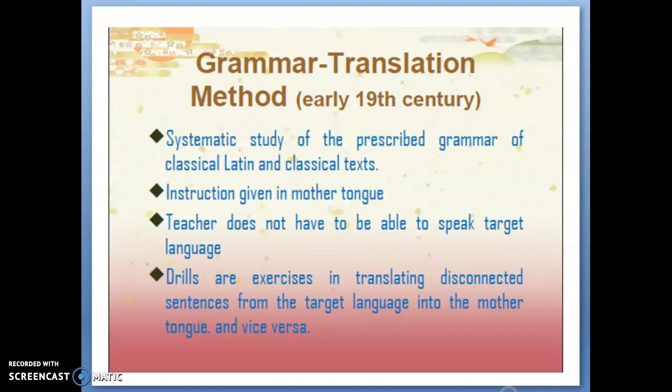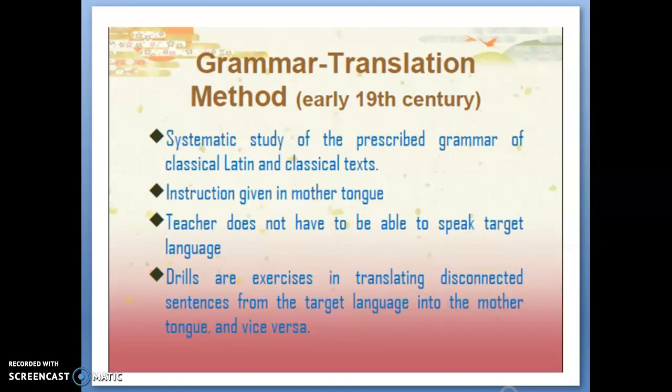It means that the explanation in the classroom situation is in mother tongue, not in a target language. The teacher does not have to be able to speak the target language. Drills are exercises in translating disconnected sentences from the target language into the mother tongue and vice versa.